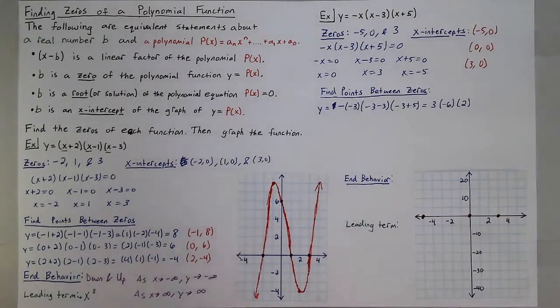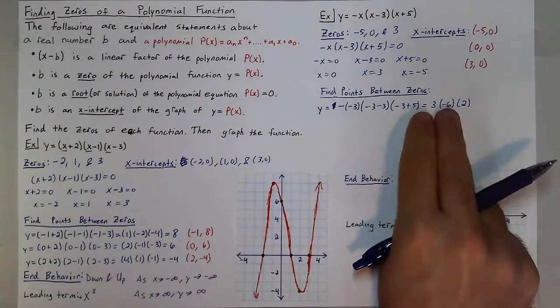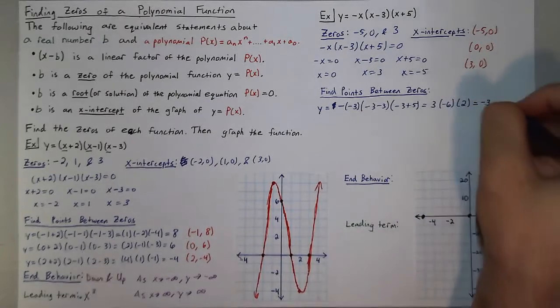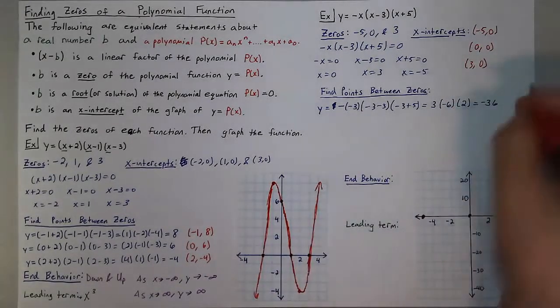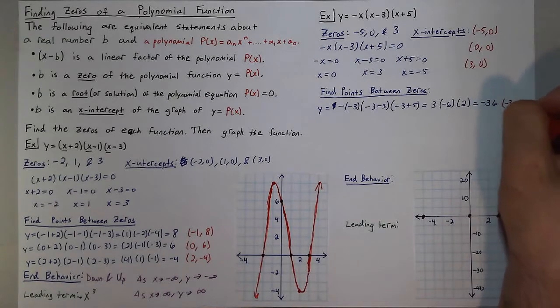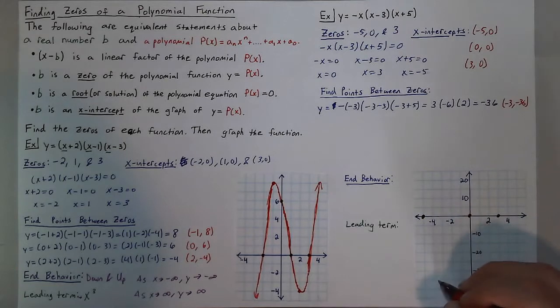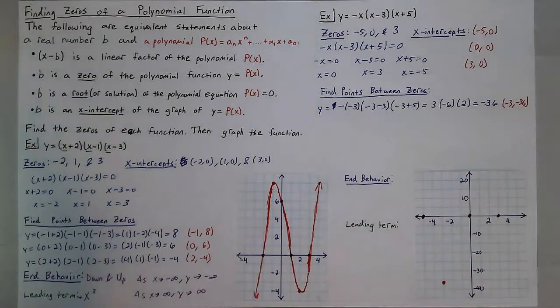So that's going to be 3 times 2 is 6 times negative 6 would be negative 36. So another point I have is at negative 3, negative 36. So negative 3, this is negative 35, so just below that point. That's for negative 36. Now let's continue.